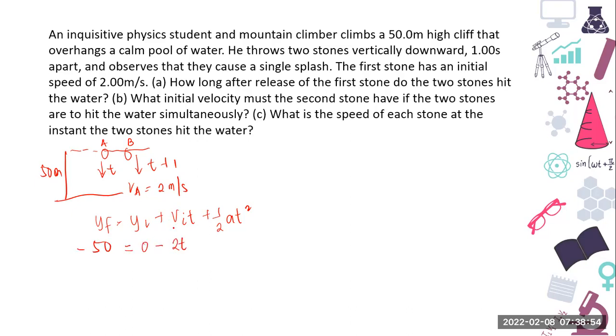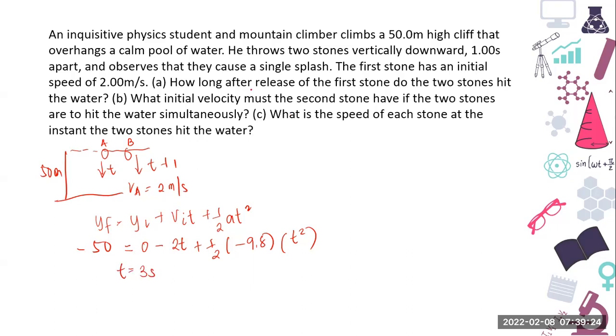Why negative 2? Because it's going in the downward direction again. Plus 1/2 times negative 9.8 times t squared. Just rearranging that and using shift solve or the quadratic formula, you can input this directly into the equation tool in your calculator. You get a time of 3 seconds.